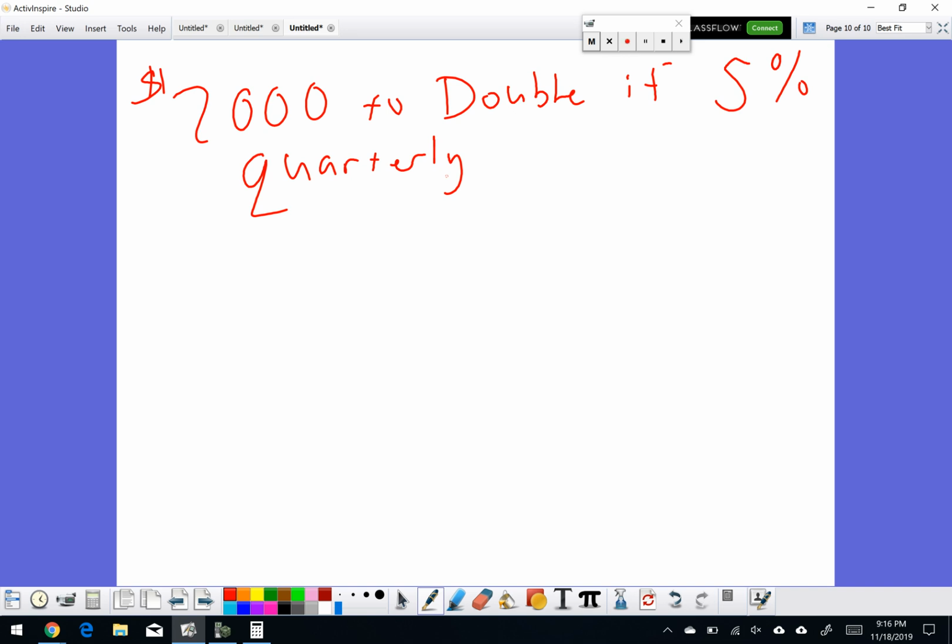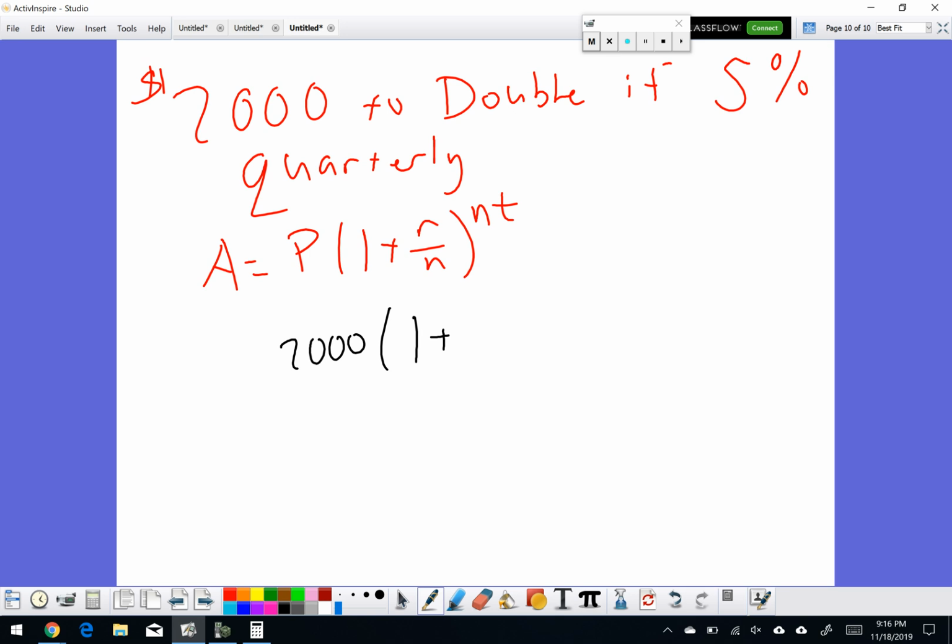So let's go ahead and fill in the things that we know. Remember, A equals P(1 + r/n)^(nt). I'm going to start with my principal. I know it's $2,000. 1 plus, my rate is 5%, so we change that to a decimal, 0.05.